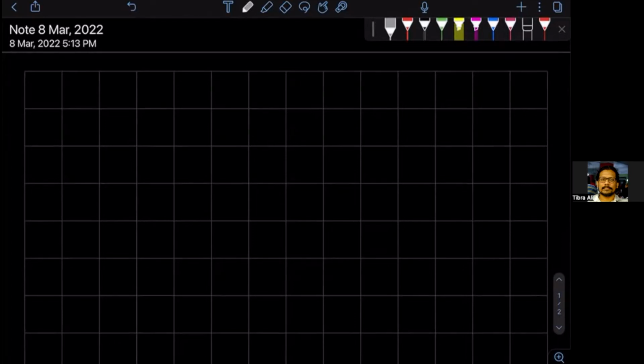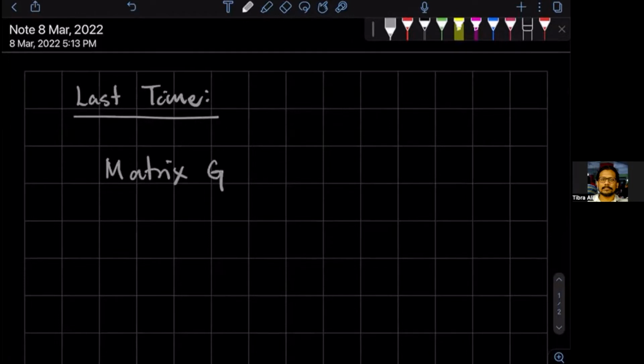Okay, so last time we defined the idea of a matrix group. We talked about matrix groups, and we talked about the idea of a representation.